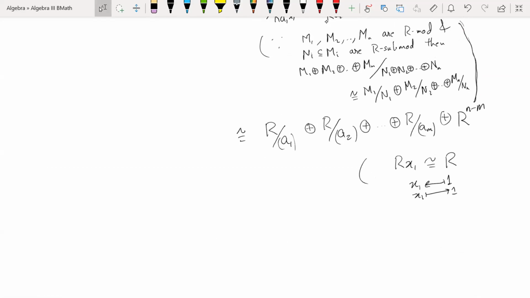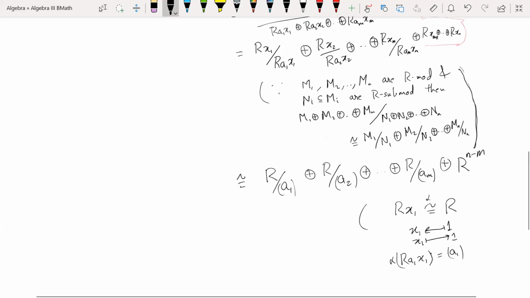Under this map, R A1 x1, let's call it alpha, so alpha of A is basically the ideal generated by A1. Now you use this, and you get that this quotient Rx1 mod RA1x1 is precisely R mod A1, and so on. Same principle for the rest.